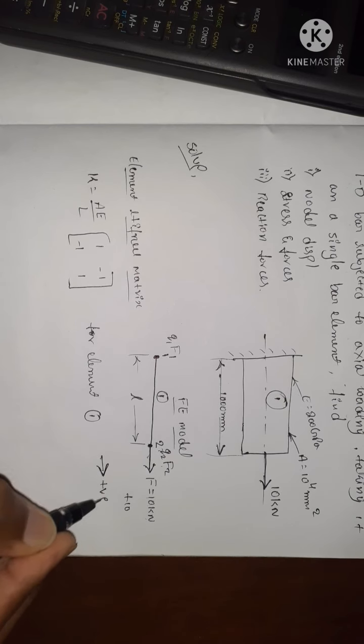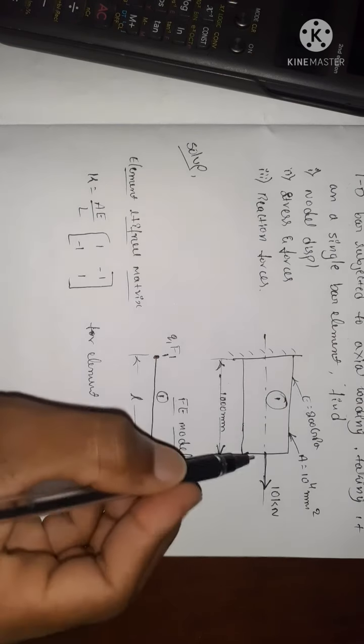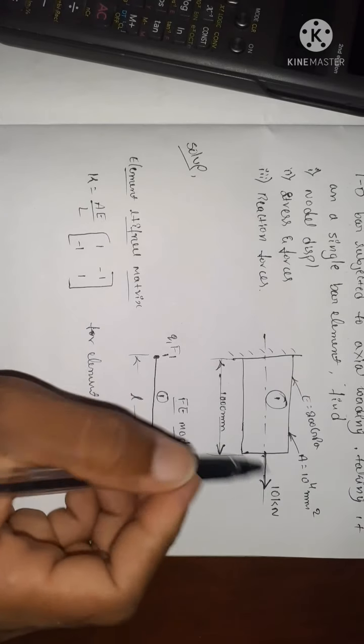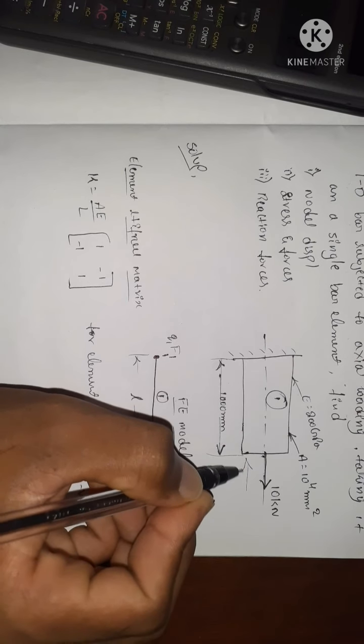This is positive, and the opposite direction is negative, because this bar is in tension. When the load is negative, it is called compressive.